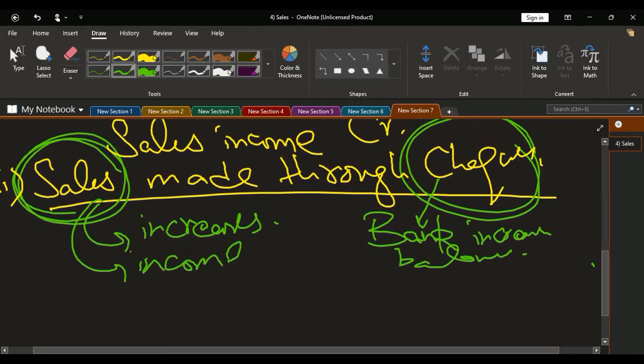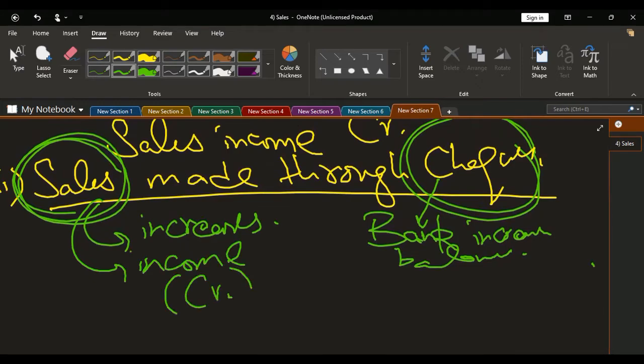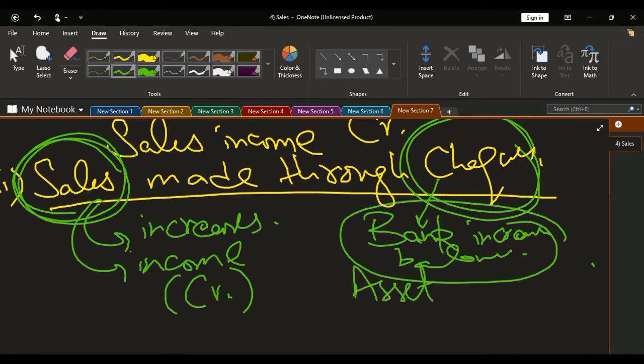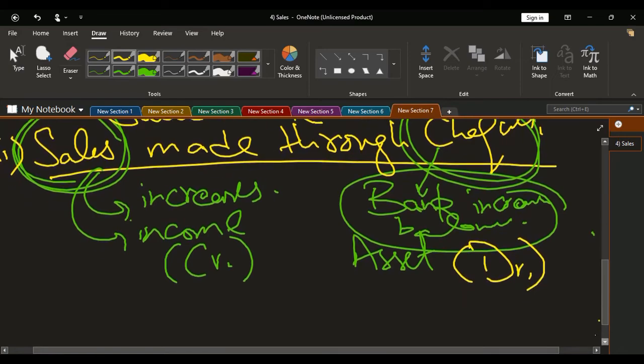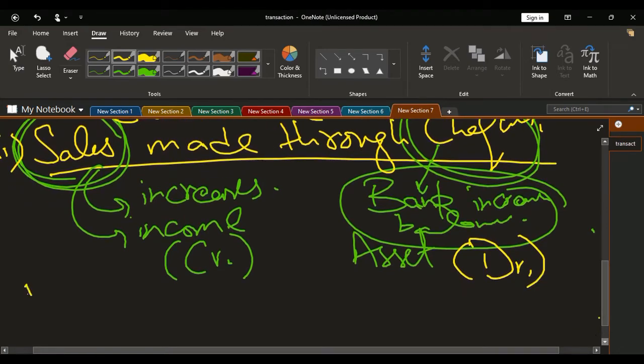So, an increase in income will be credited, and increase in a business asset, that is bank here, will be debited. So, the journal entry will be bank debit, sales credit.